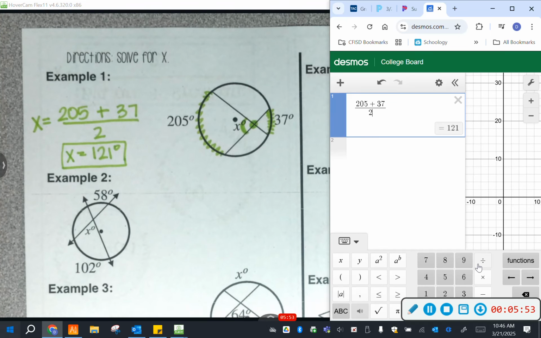I want you to do number 2. Set up the equation for example 2, please. I'll do it in the calculator in just a second.